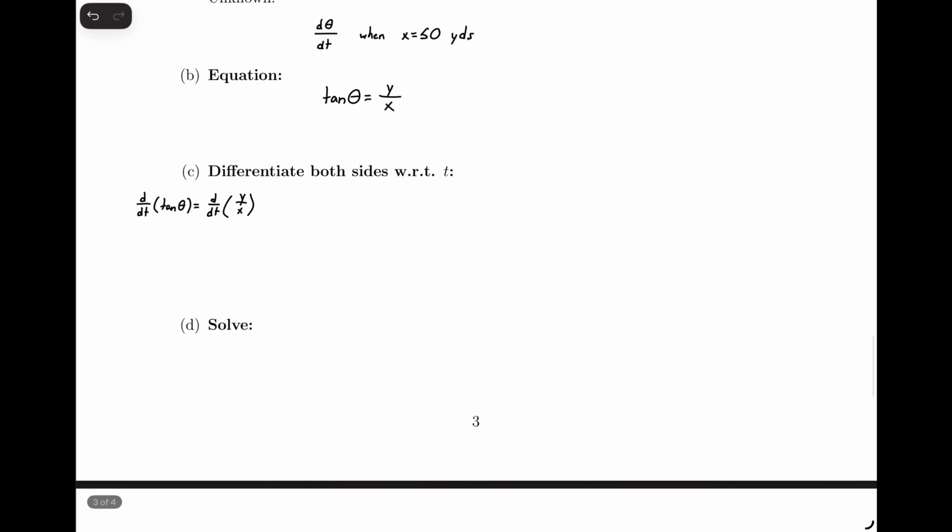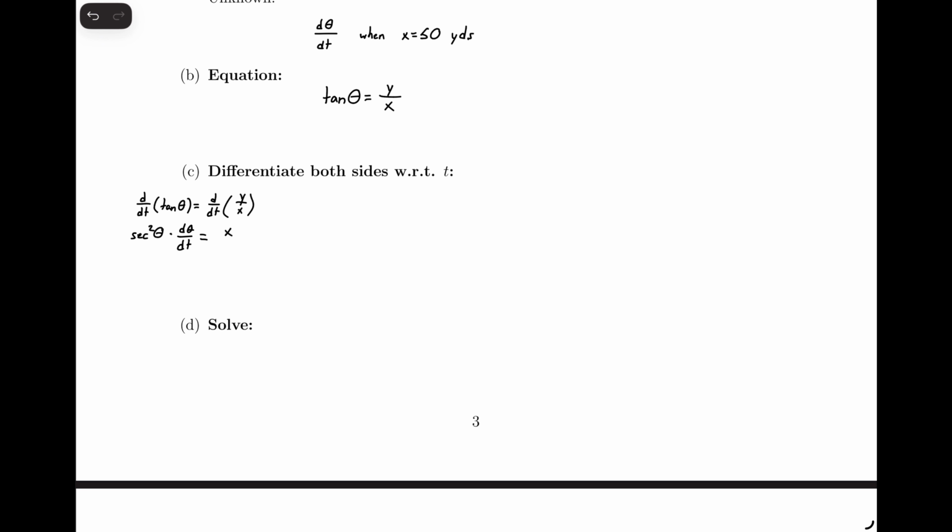All right, the derivative of tangent is secant squared theta. And since tangent is a function of theta, but we're differentiating in terms of t, we need to use implicit differentiation and include a d theta/dt term. And for the right side of the equation, I have y over x, which makes me think of using the quotient rule.